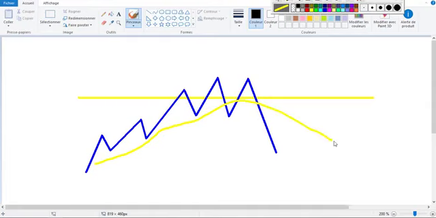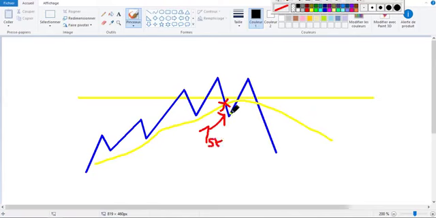So what we want to see, to confirm the first leg, is the price breaking the 13 EMA and closing below it if it's an uptrend like that, to play for a sell. And this will confirm that this is our first leg here.